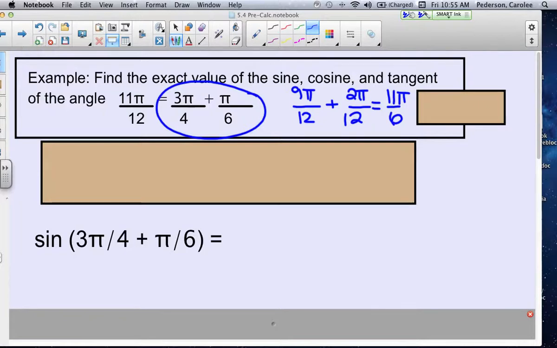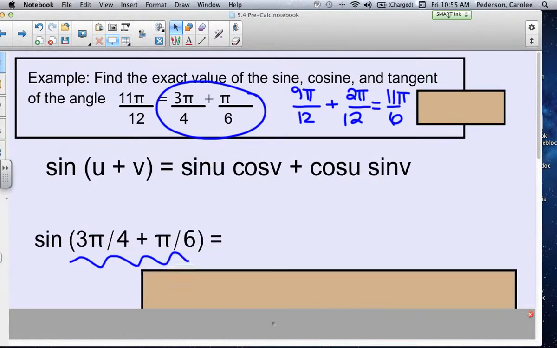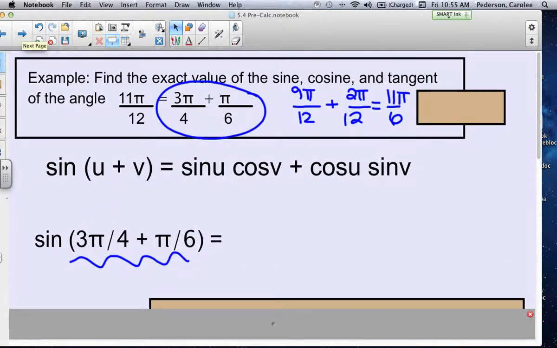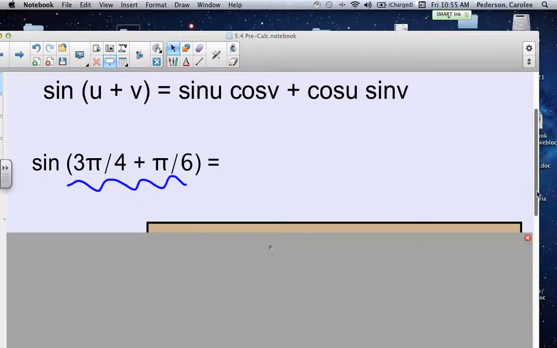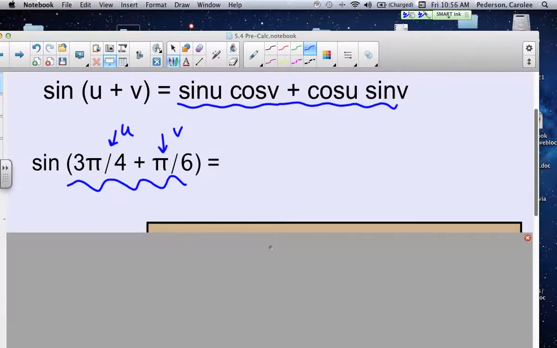So let's do the sine of u plus v, the sine of 3 pi over 4 plus pi over 6. We want to, again, choose that appropriate formula. The sine of u plus v, which is in this box right here. So this is my u, and this is my v in the formula, and we're using the right-hand side of this formula.